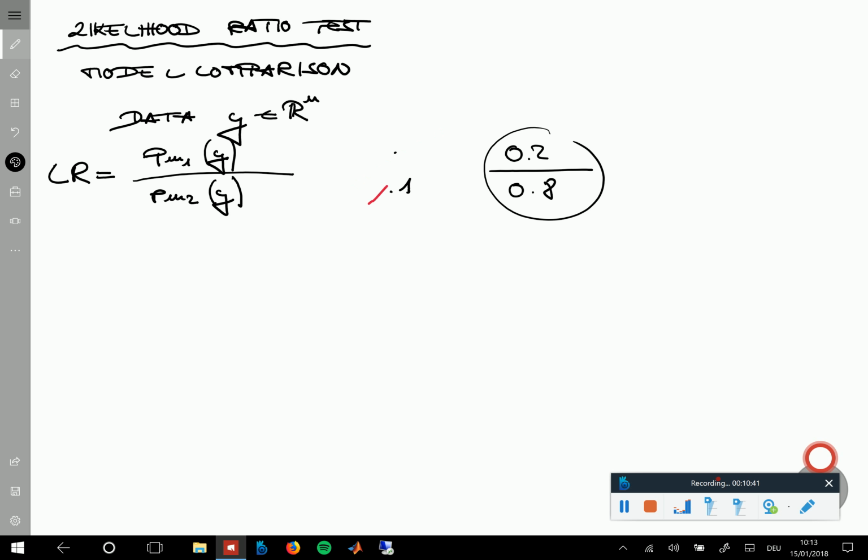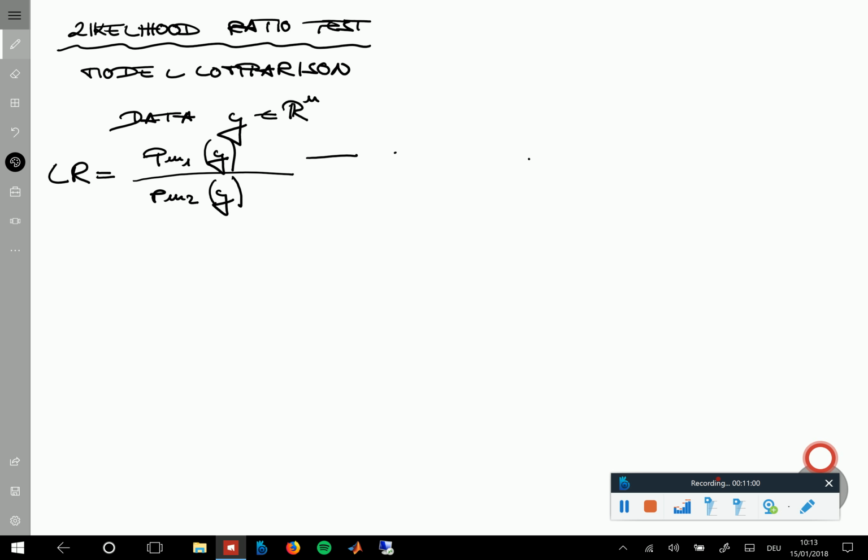So that looks fairly simple, I assume, but the devil is sometimes in the detail. First of all, what is meant by the probability of the data under the model?